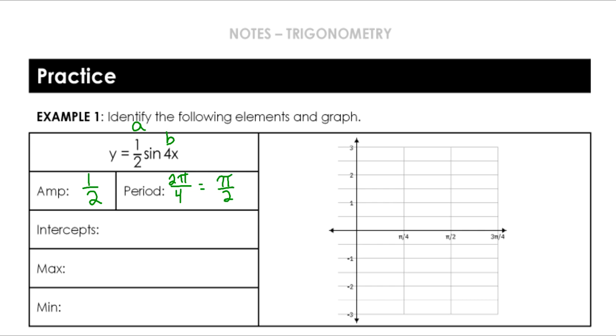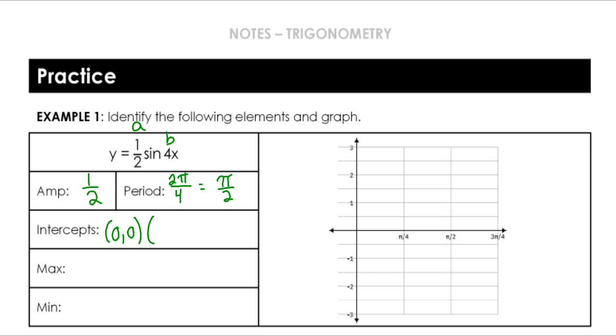And we're looking at our intercepts. So our x-intercepts for sine are going to be at 0, 0. And then we have to do that 1/2 times 2 pi over b. So we already know that 2 pi over b is pi over 2 from the period.